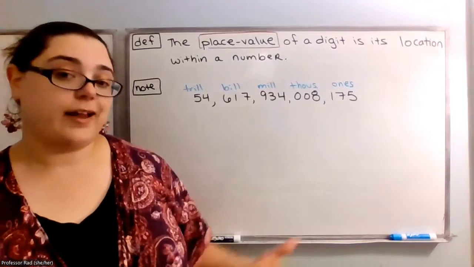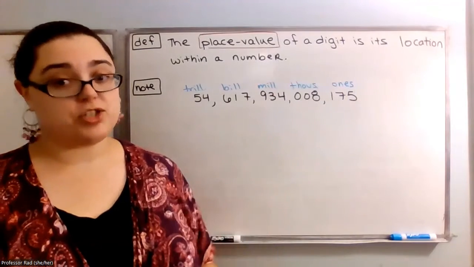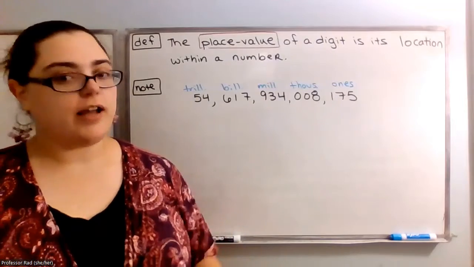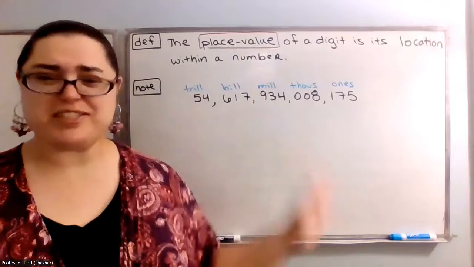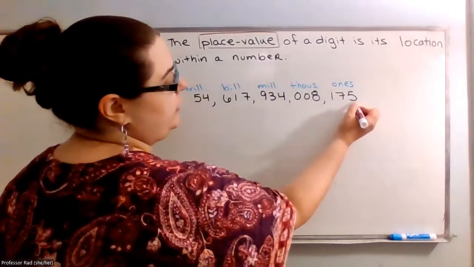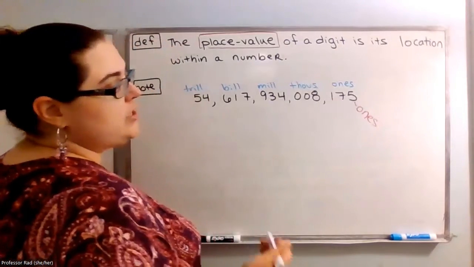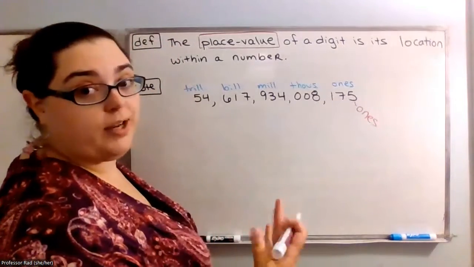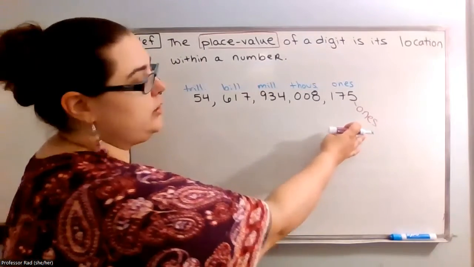This 1, 10, 100 is going to start out from the right like we did before, and it's just going to repeat. And we're going to follow it with the period name, except for the ones. The ones are just the weird period. For the ones, this 5 here is in the ones place. Think about if you had money, right? If you wanted to give me $5, then you could give me 5 ones.